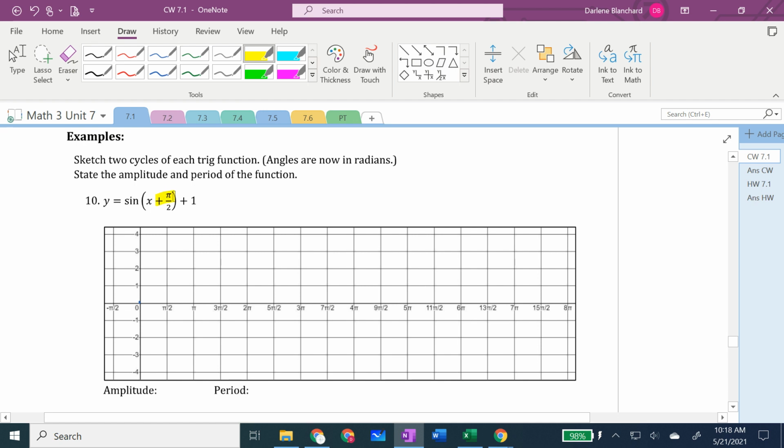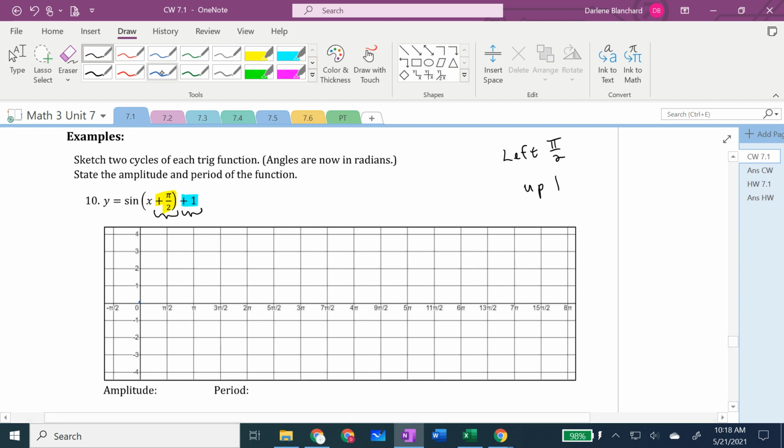We have an addition of pi over 2 directly to the x, and we have an addition of 1 outside of that function. So that means we're just going to take the parent graph of sine, and move it left pi over 2 and up 1.